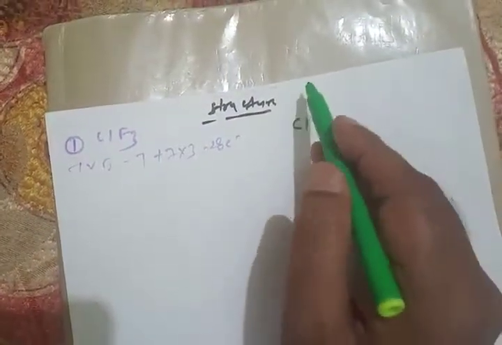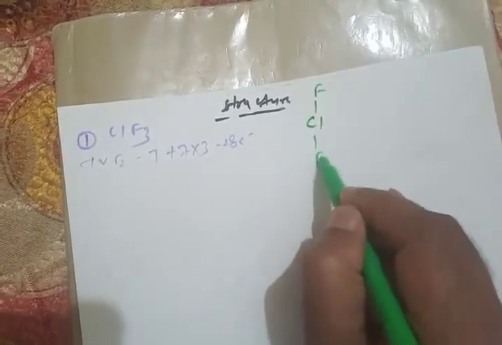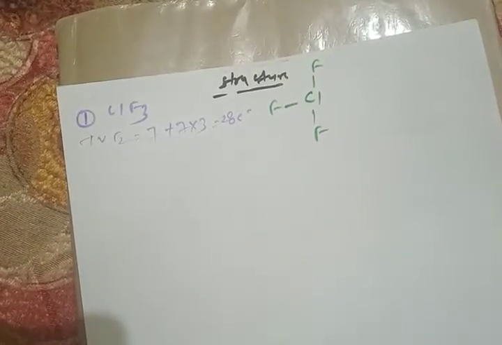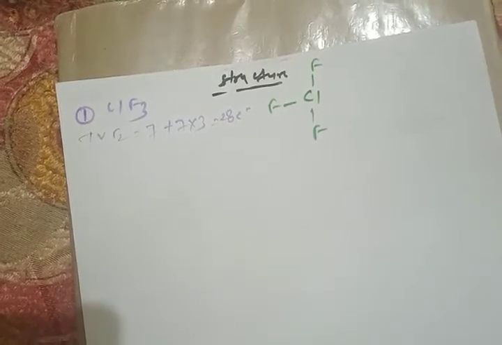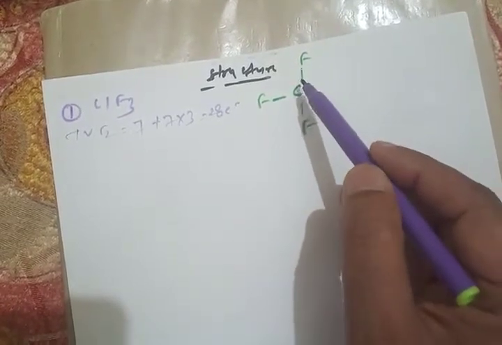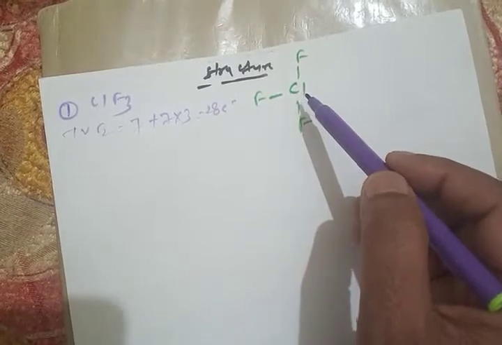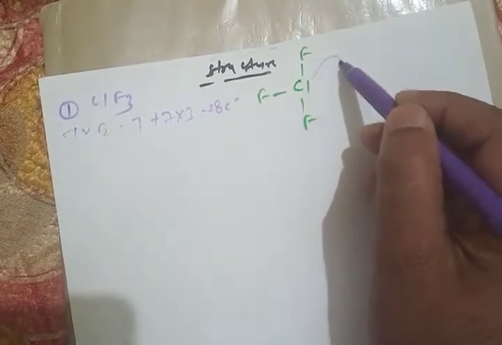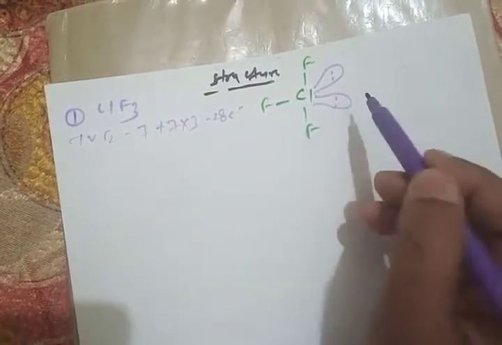Then we'll go for the 3 fluorines. I'm not talking about the actual structure, I'm just giving you some hint. If we go by the oxidation state here, 1, 2, 3, we require 4 more electrons, which are nothing but lone pairs. One lone pair is here and one lone pair is here.